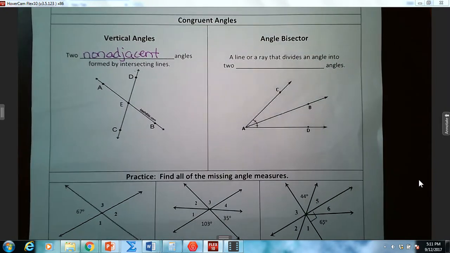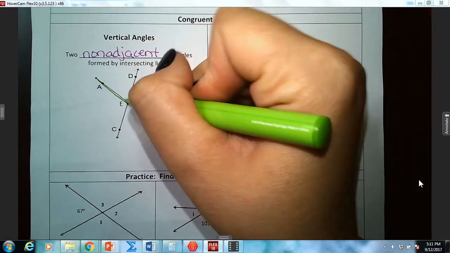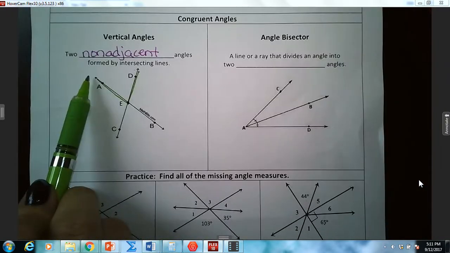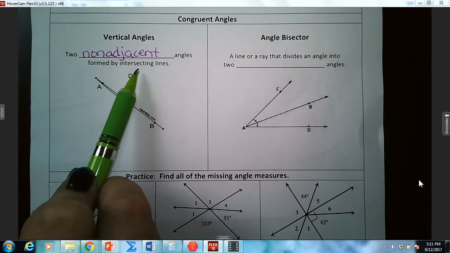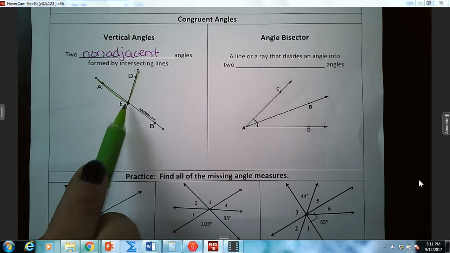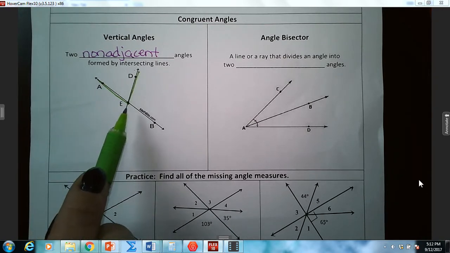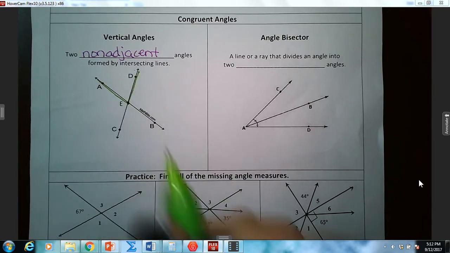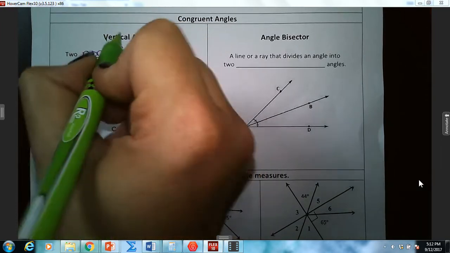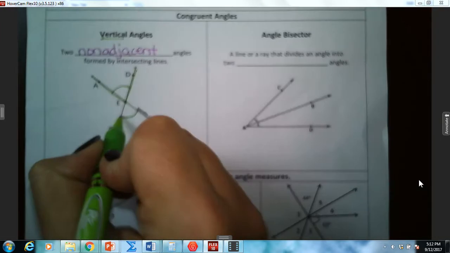I'll trade colors here. Angle AED has a vertex at E, and the two sides are ray EA and ray ED. So to be non-adjacent, I can't choose any angle that uses EA, and I can't choose any angle that uses ED. So the angle that's considered vertical to this angle is straight across the X.